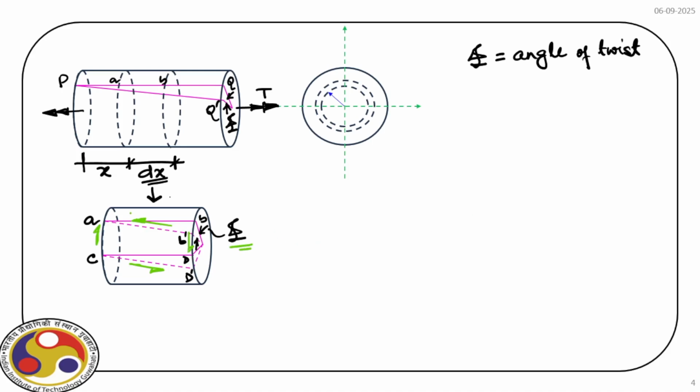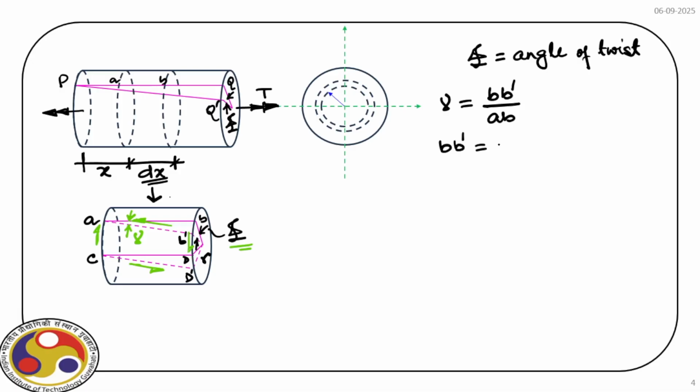Now this angular deformation is actually the shear strain. So we can define shear strain from the diagram as BB prime divided by the length AB. Let this circular shaft have a radius of r. Therefore, we can quantify BB prime.